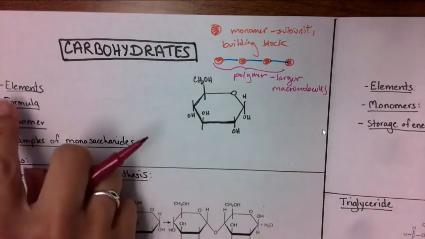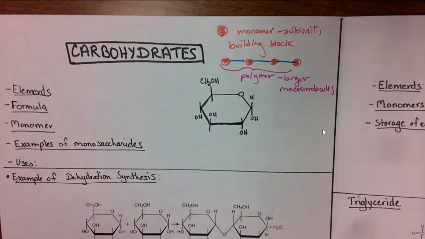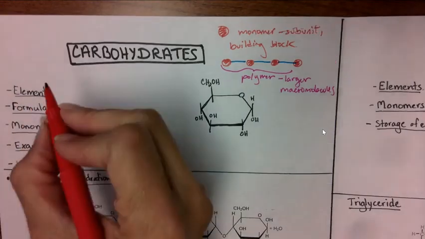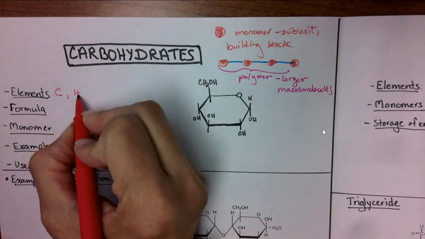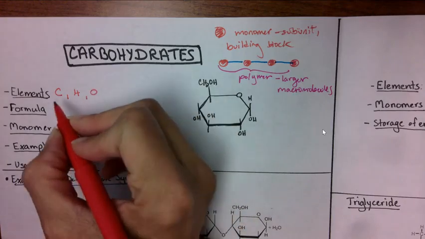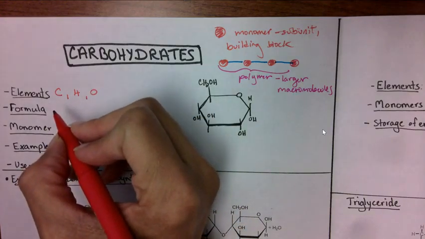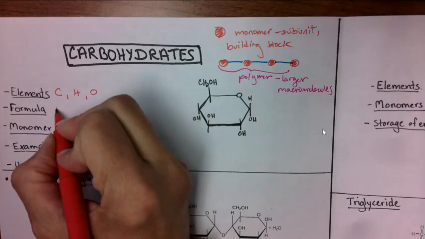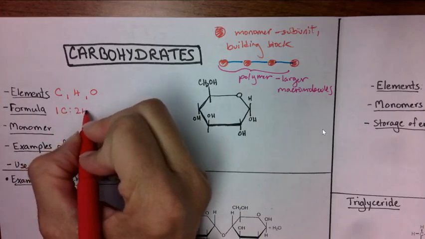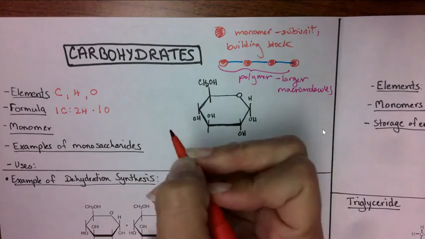So let's talk specifically about carbohydrates. Carbohydrates have 3 primary elements: carbon, hydrogen, and oxygen. And their ratio, their empirical formula, is 1 carbon to 2 hydrogen to 1 oxygen. Right?